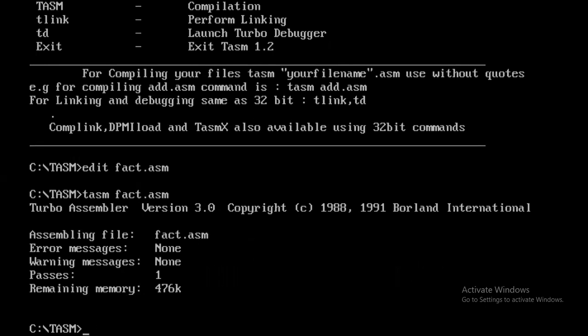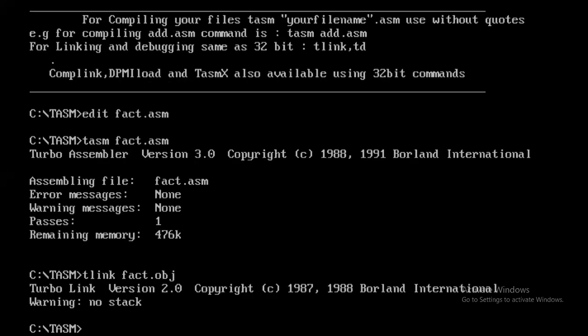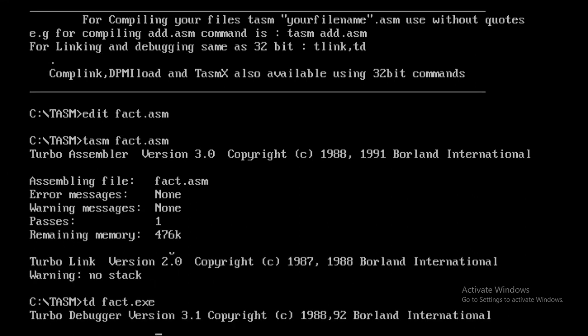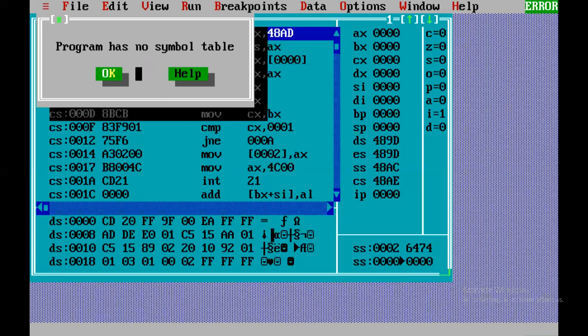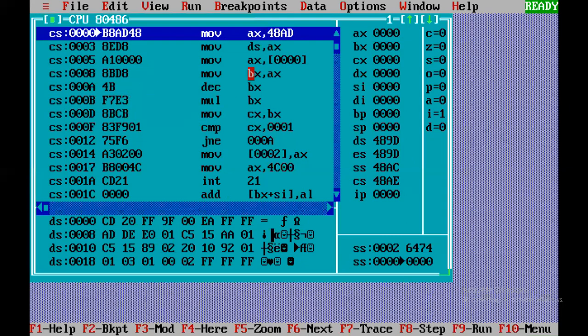Next we go to the third command, that is TLINK fact.obj. Here you get a warning about no stack. Then the last command is TD fact.exe, the executable file. Here you click on OK.